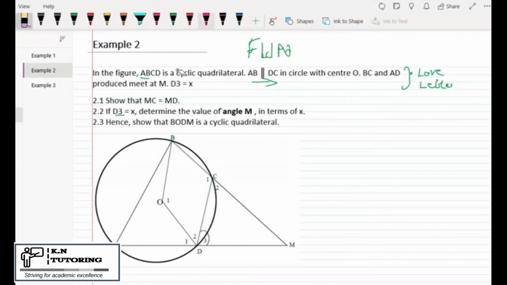We continue. In the circle with center O, what do we know when you've got a center? The moment we've got the center, we must mark off the radii. This is equal to that. These two lines, are they forming any isosceles triangle? No. There's no triangle going on. This is not a triangle. Neither is this a cyclic quad because it's a circumference.